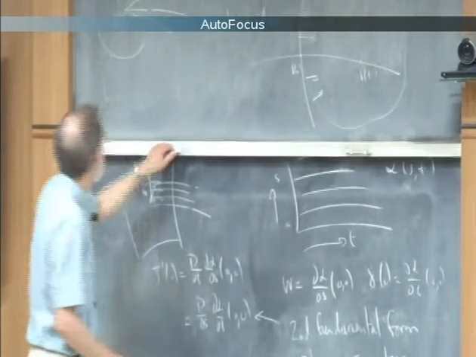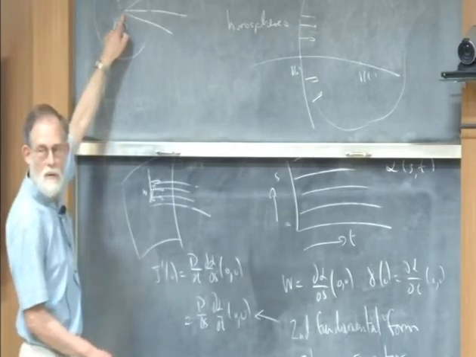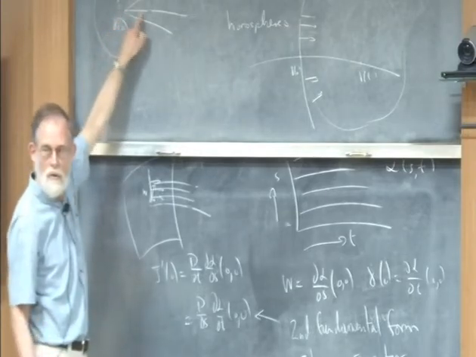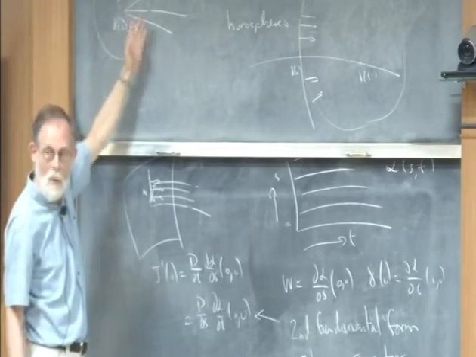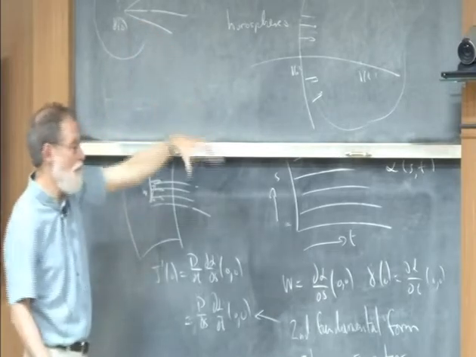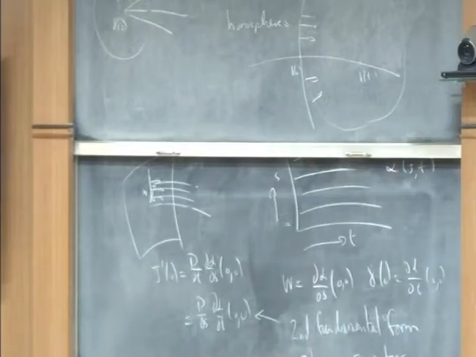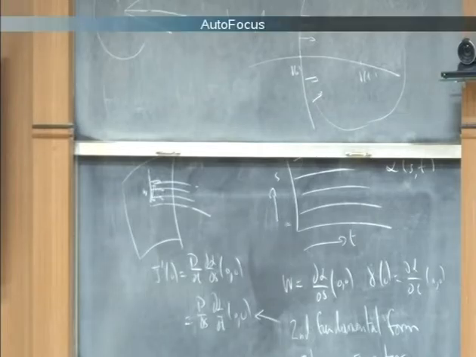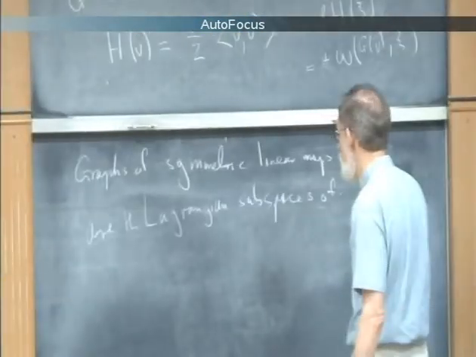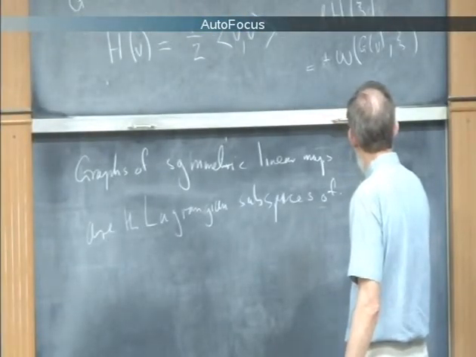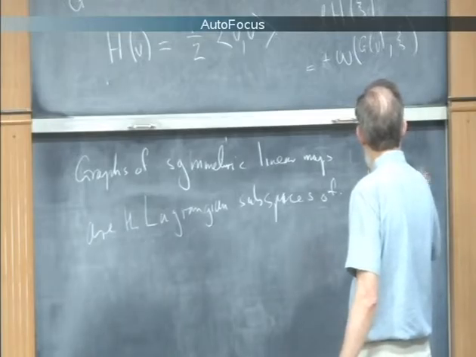And if you're at a place on the geodesic where some of these Jacobi fields vanish, you can just move a little bit to where they're not vanishing. Then you get the description as the graph of a symmetric linear map. And these are exactly the Lagrangian subspaces of v perp plus v perp.